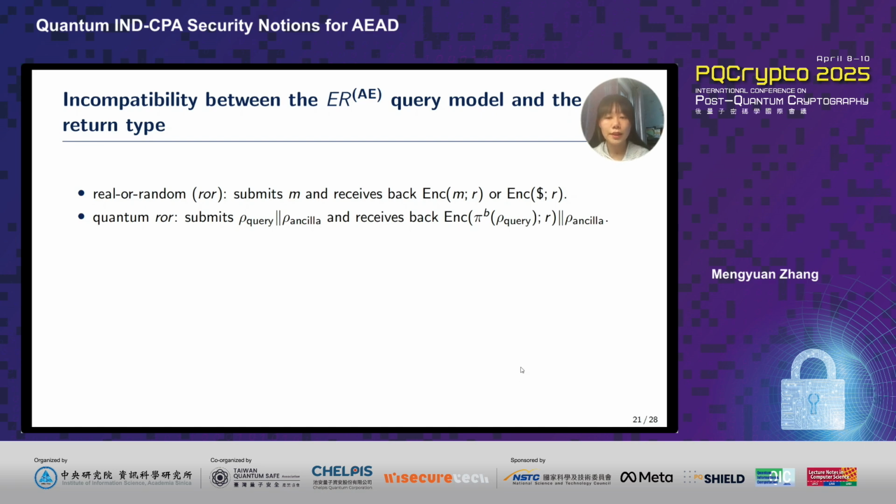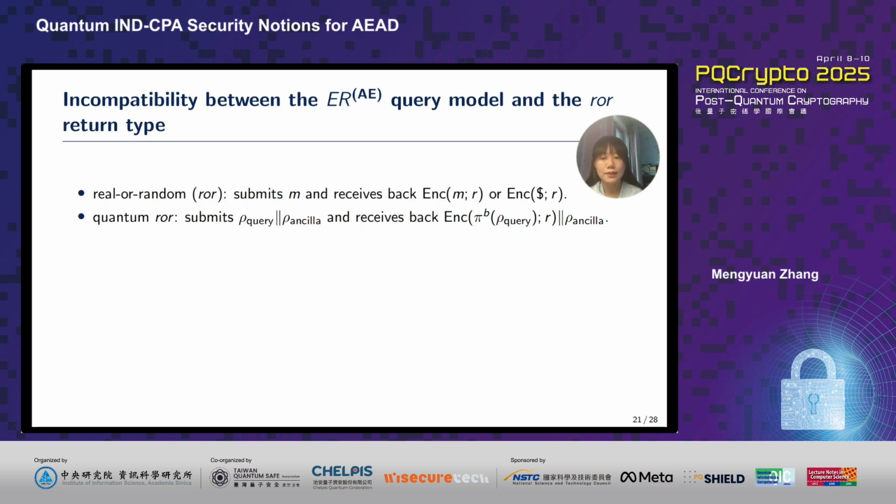Notably, when the challenge query model is ERAE and the challenge ciphertext return type is real random, we make an appropriate adjustment to the real random return type, primarily due to their incompatibility. Let's first recall the definition of classical real random: the adversary submits a message M and either gets its encryption or the encryption of a random message.